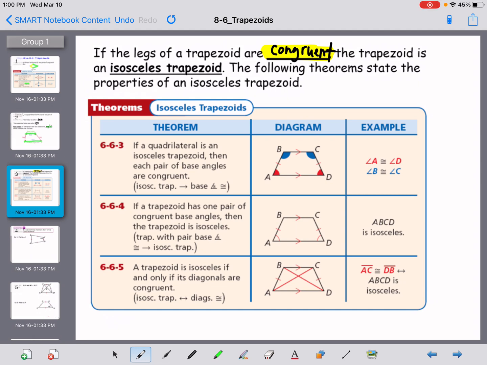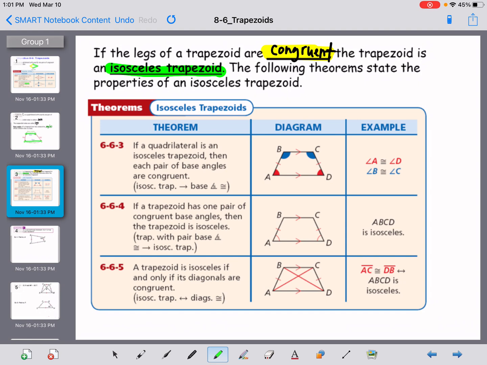Kind of like with the triangle, you've got to have the two legs of the triangle congruent. And when we have an isosceles trapezoid, we have some very specific theorems that come from that. These three things only exist if we know we have an isosceles trapezoid.